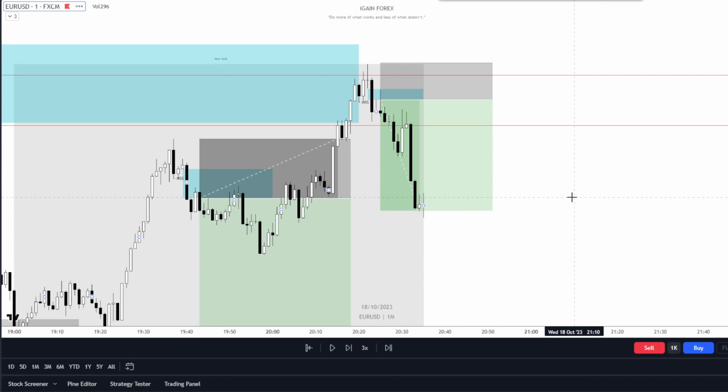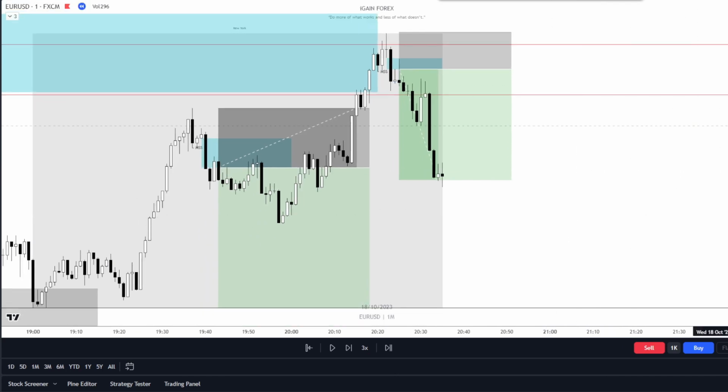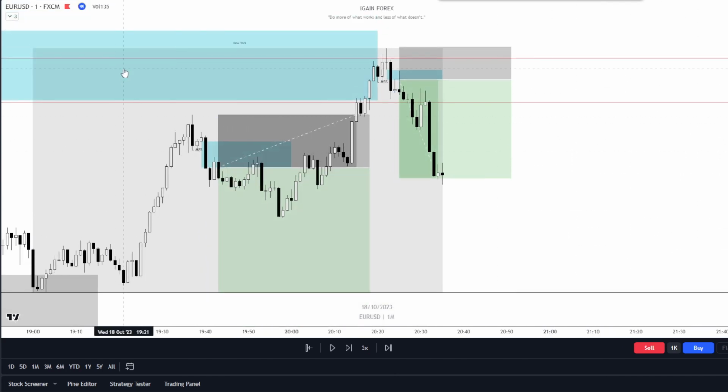Okay, so let me show you another example of how, no matter what setup we have, sometimes this market structure shift will not work.